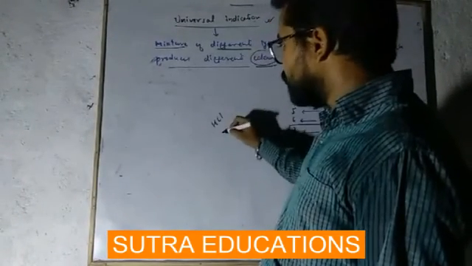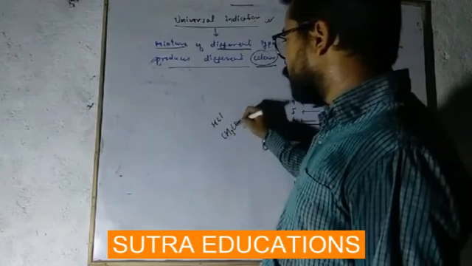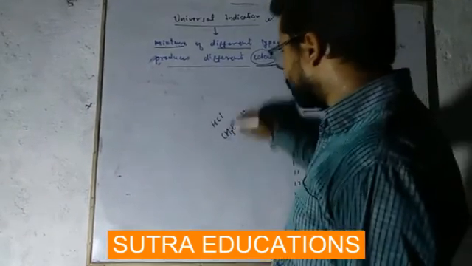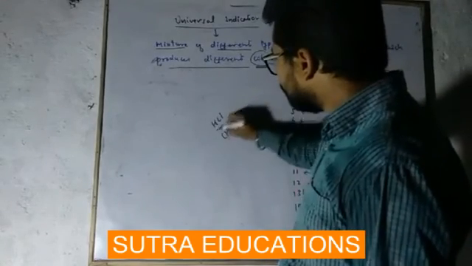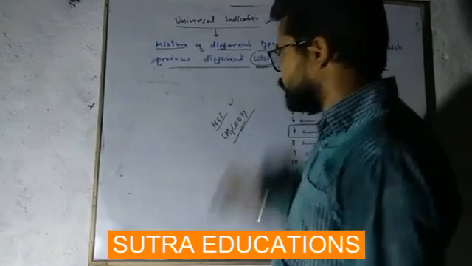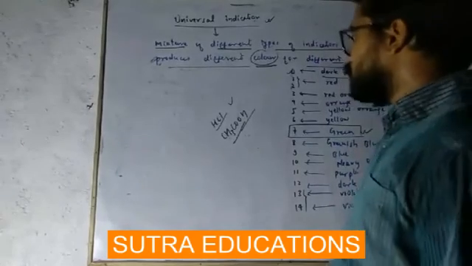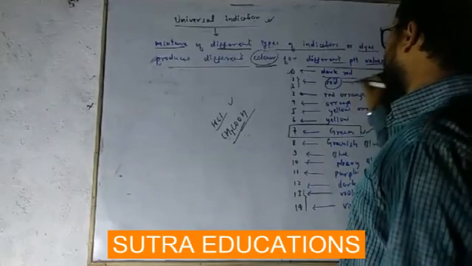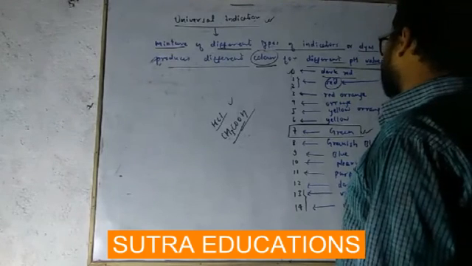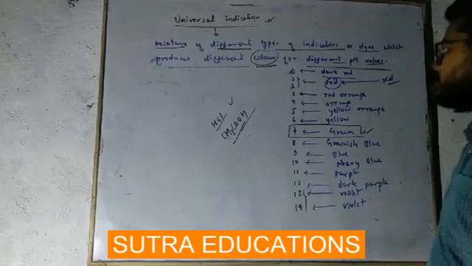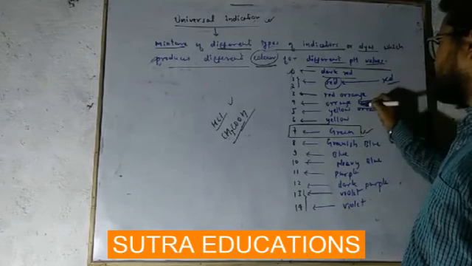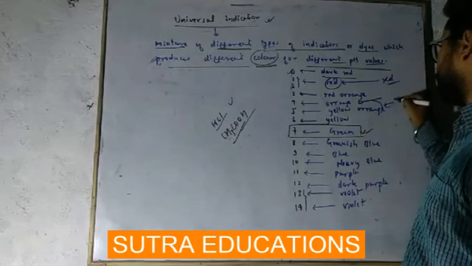Suppose one is HCl acid, the other is, say, CH3COOH acid, and we want to distinguish which one is more acidic, which one is less acidic. So HCl will produce red color, while CH3COOH will produce, I think, orange or yellow orange color.